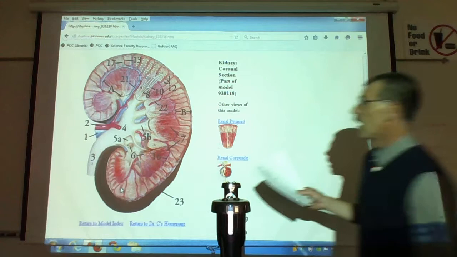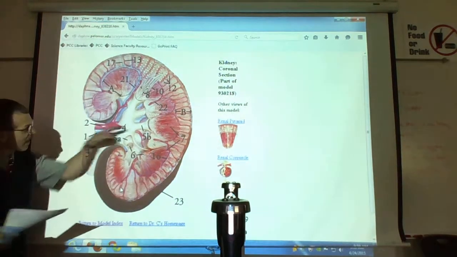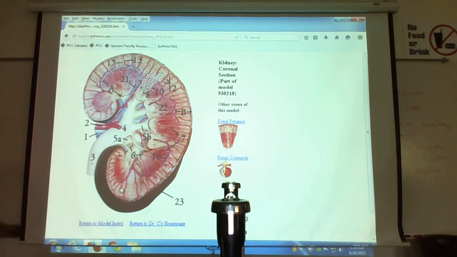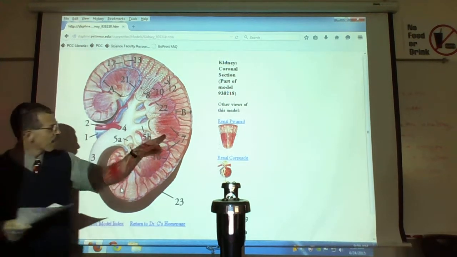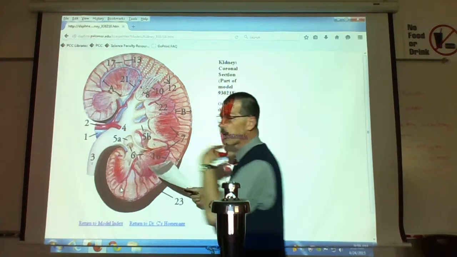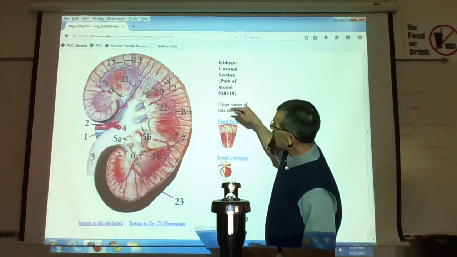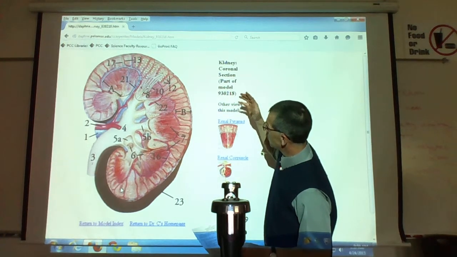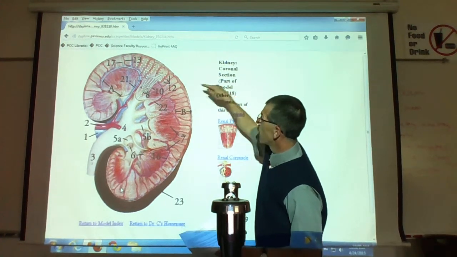Now comes the harder stuff. Number 7 are these triangular things. Pyramids. So you're going to think of Egypt when you think of a kidney. So you have pyramids, which are these triangular structures, renal pyramids. You'll notice on number, which one should I pick? Let's pick 22-ish.